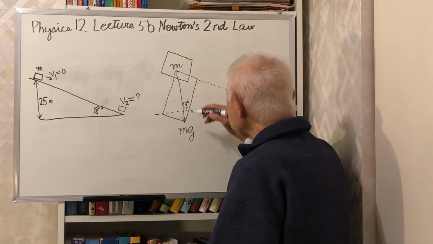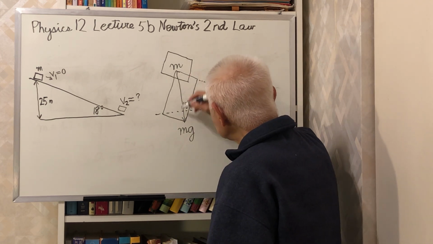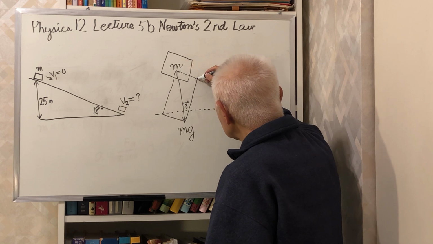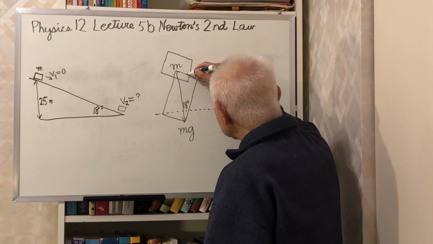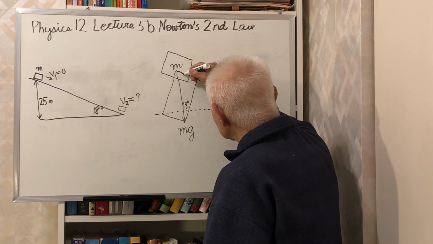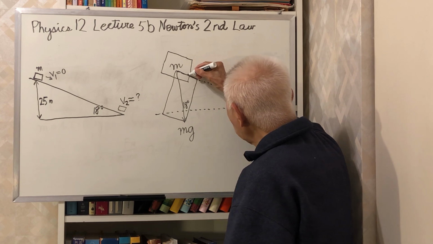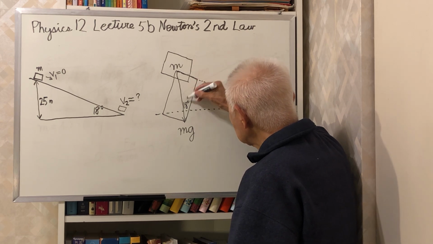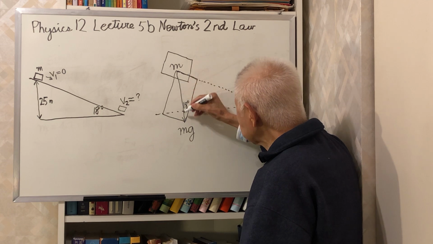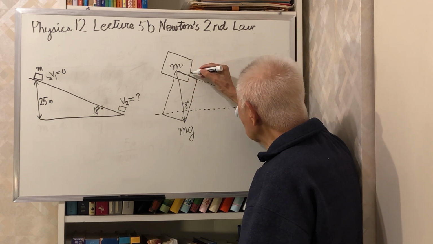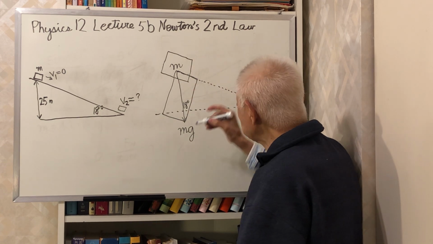So this is 18. Now because this is mg, what is this? This is the opposite side of this angle, and this is the hypotenuse. Therefore, this is a sine relation.